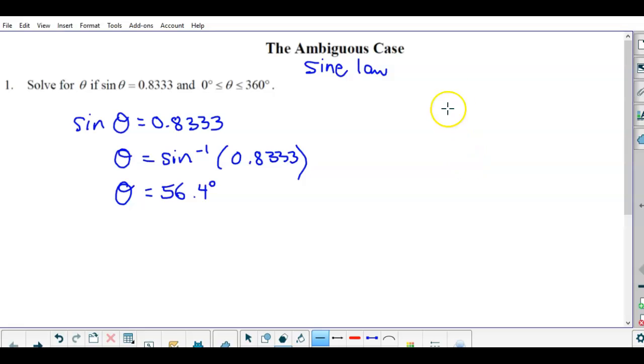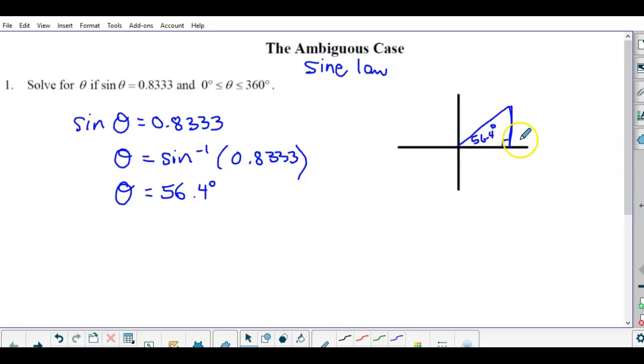But for right now, if I were to draw a triangle this way, actually it would be more like this, and that should be a straight line. So this would be 56.4 degrees in your 90-degree triangle.